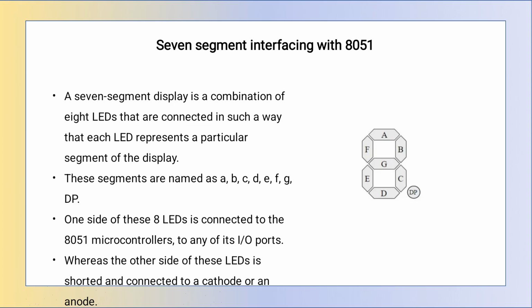One side of these 8 LEDs is connected to the 8051 microcontroller through any of the input ports, whereas the other sides of the LEDs are shorted and connected to the cathode or anode.